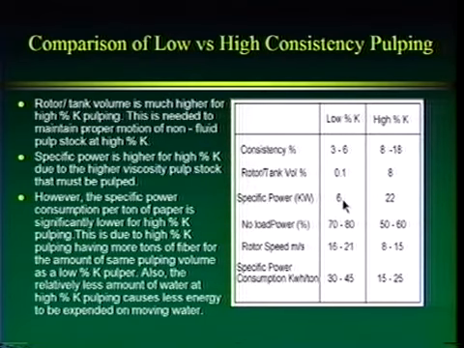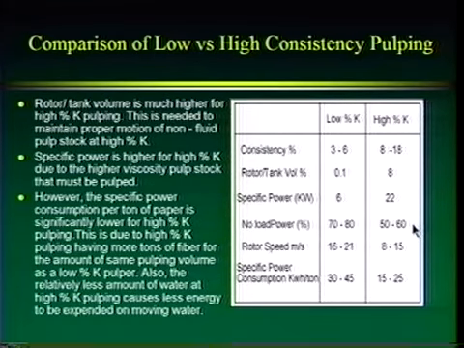Now the specific power, that's the power to run the pulper, is 6 kilowatts for low consistency, and it's 22 kilowatts for high consistency. It's much higher because the pulper has to do more work to move and agitate the higher viscosity material.